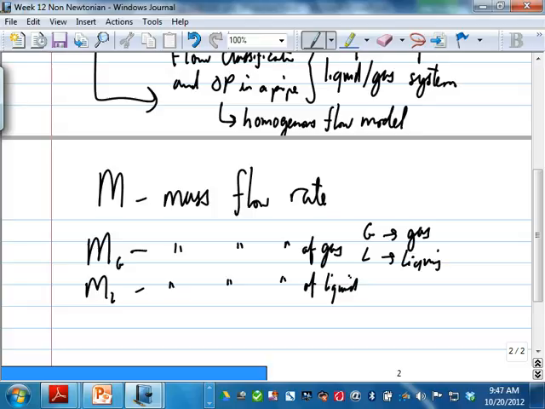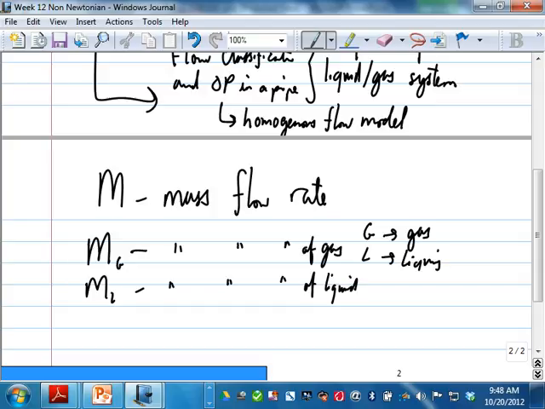They don't have to move at the same velocity. The liquid can go faster than the gas on average, or the gas can go faster than the liquid. They don't mix, they don't interact. Now they do interact, but they not necessarily have the same velocity.